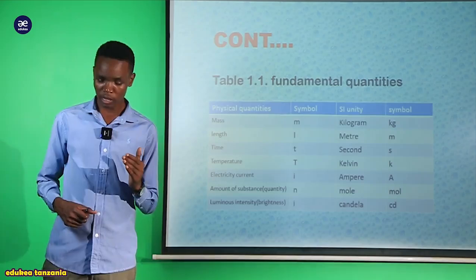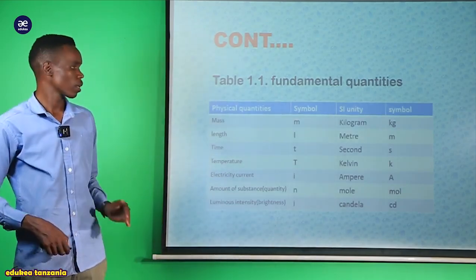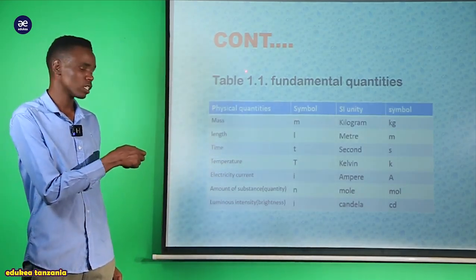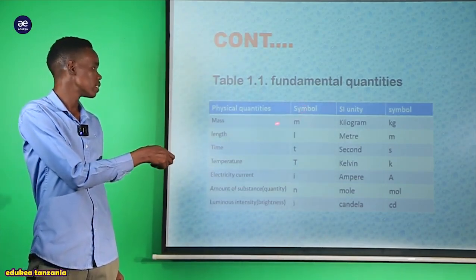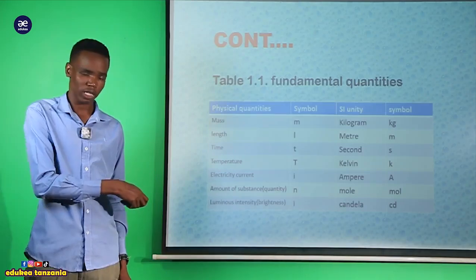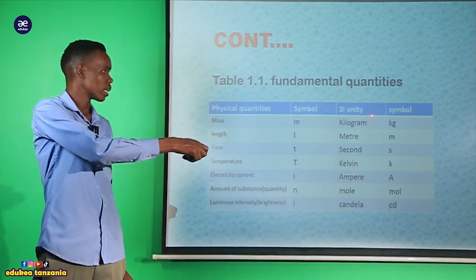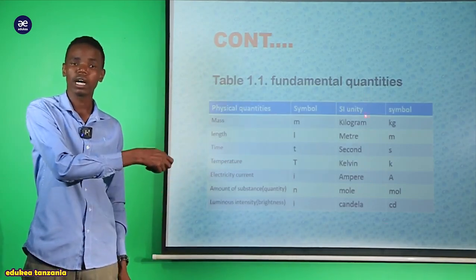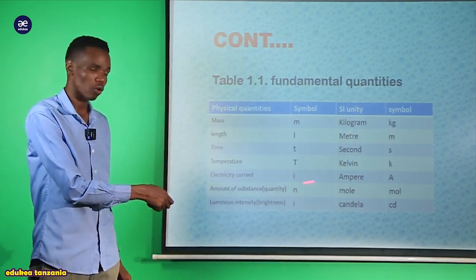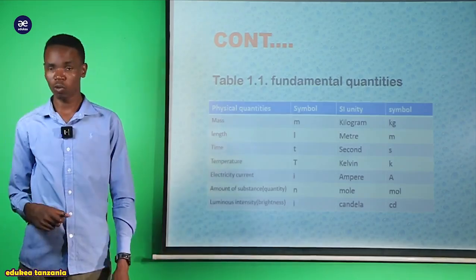Therefore, my dear student, I can conclude by saying that these are the physical quantities, and also this is the symbol of these physical quantities. But here at the third column, it represents the unit of these physical quantities.